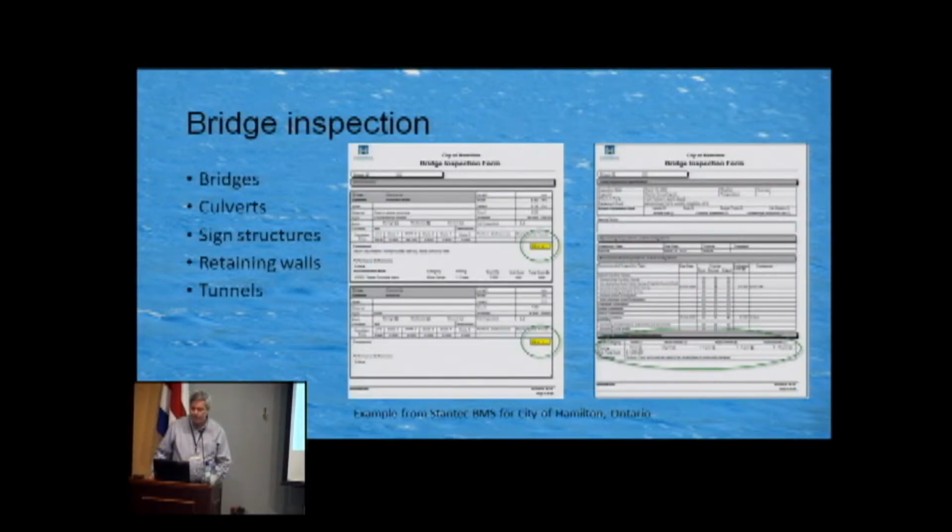There are a couple of examples of bridge inspection forms, just to give you an idea of what they look like. You don't have to try to read these forms. But there's basic inventory and geometric information, location information. Every bridge inventory in the USA and Canada has GIS location referencing and linear referencing so that it can be located on a road network and on a map.